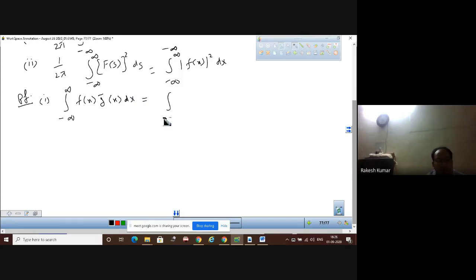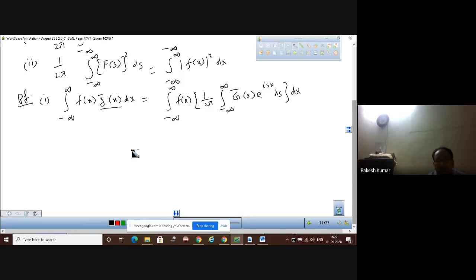Now we just want to use the value of g bar x by the inversion formula of Fourier transform, that is 1 upon 2 pi integral from minus infinity to infinity of g bar s e raised to power iota s x ds dx.